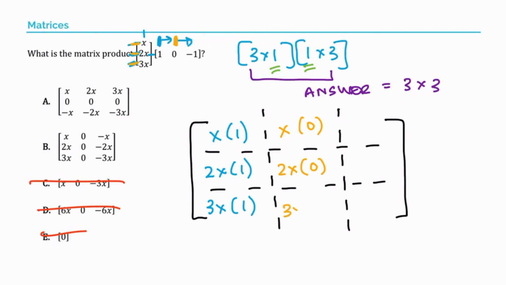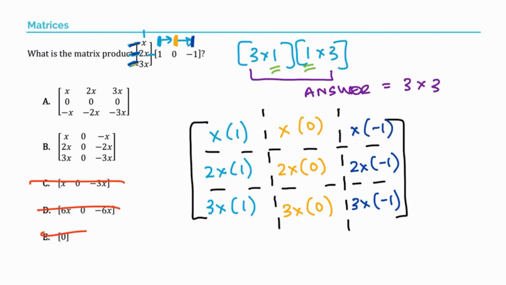Third row, 3x, times second column, 0. Then for the last one, we're going to use our third column. So first row, x, times that third column, -1. Second row, 2x, times that third column, -1. Third row, 3x, times that third column, -1.